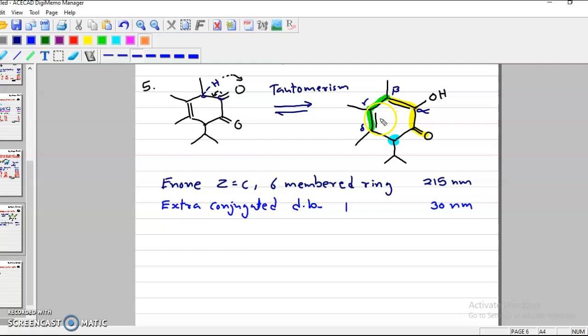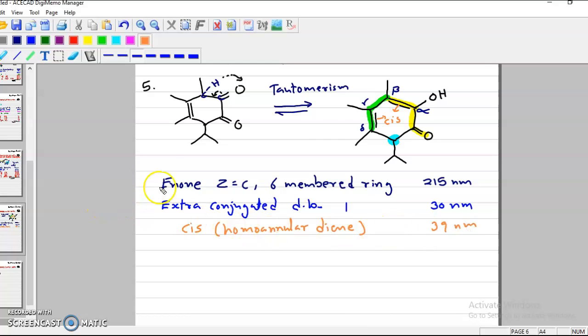As you can see, both are in the same ring and they appear cis. So here we will put cis, that means homoannular diene component. And if this extra conjugated double bond is a homoannular diene component, we will add 39 nanometer for this one.